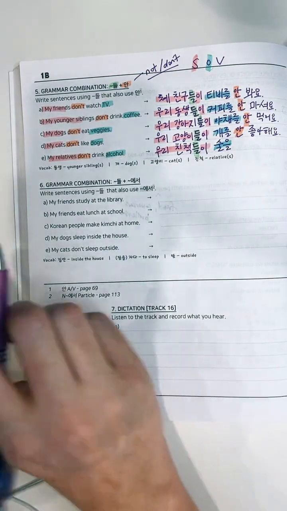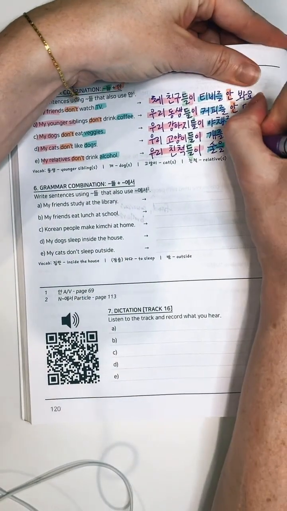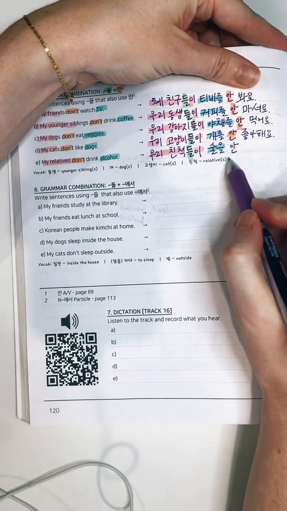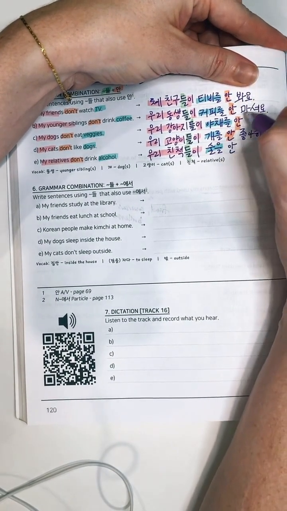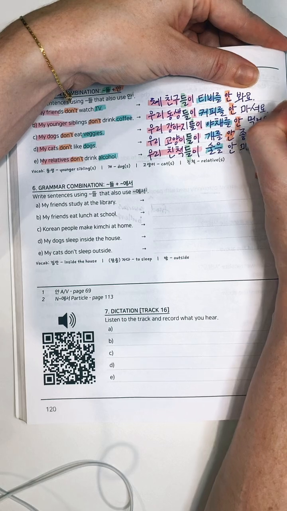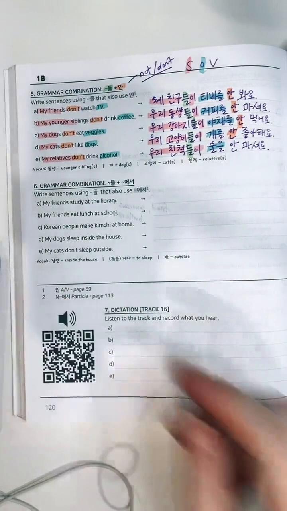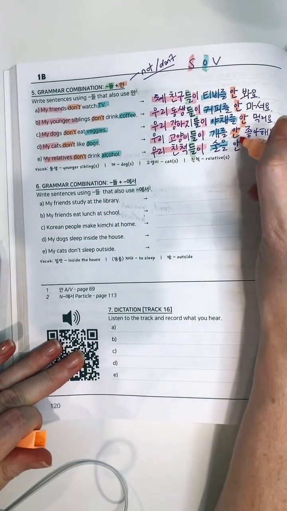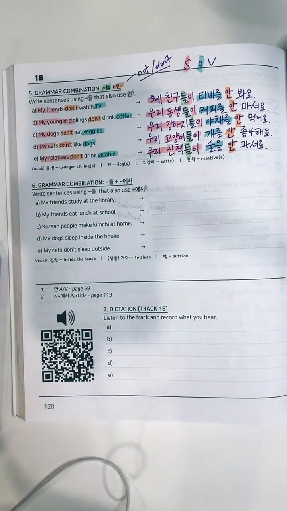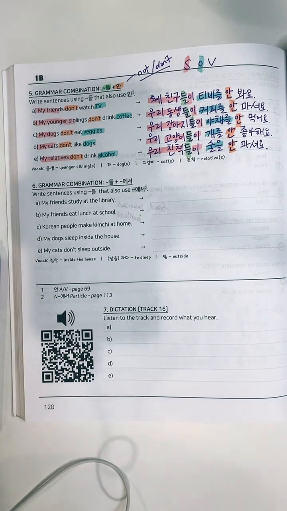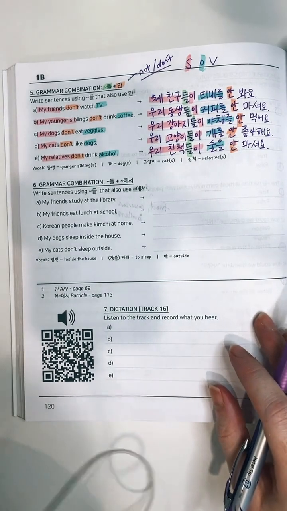They don't drink it. Don't is 안. Drink is 마셔요. 안 마셔요. They don't drink alcohol. 우리 친척들이 술을 안 마셔요. My relatives don't drink alcohol.